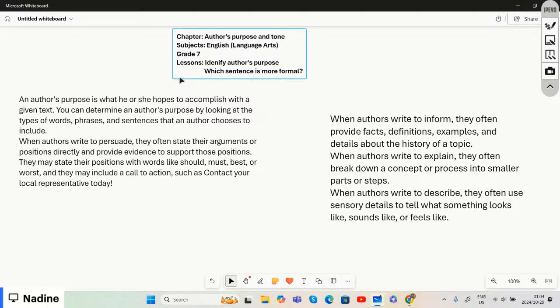And the lessons that we are going to be focusing on under the chapter of author's purpose and tone are to identify author's purpose and which sentence is more formal.